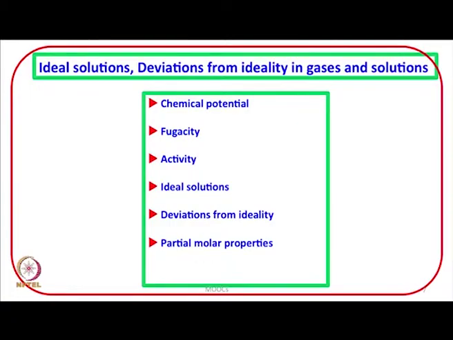In fact, chemical potential itself is a partial molar property, because chemical potential is change in Gibbs energy when 1 mole of a substance is added at constant pressure and temperature, keeping the other components at same concentration.